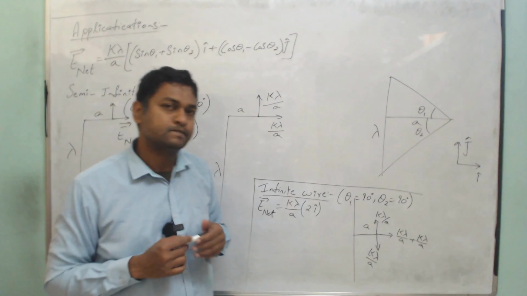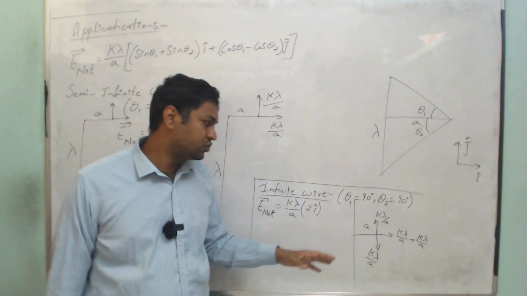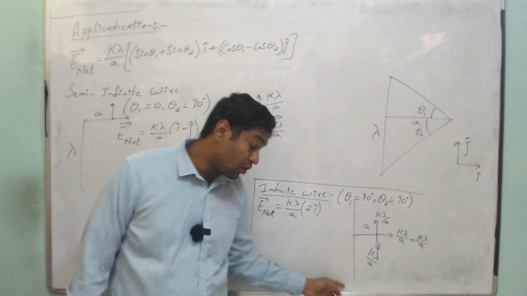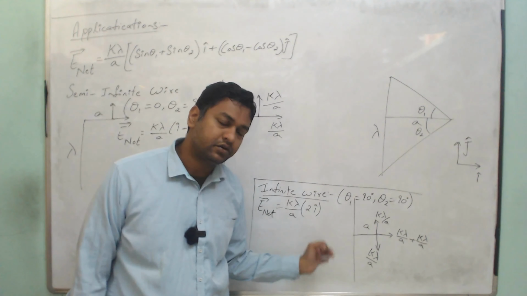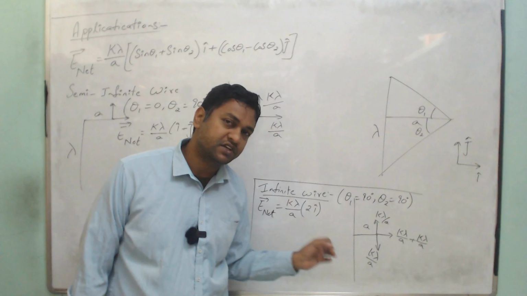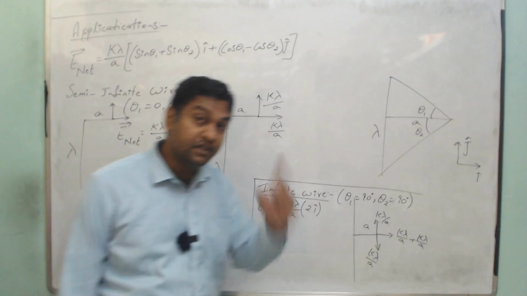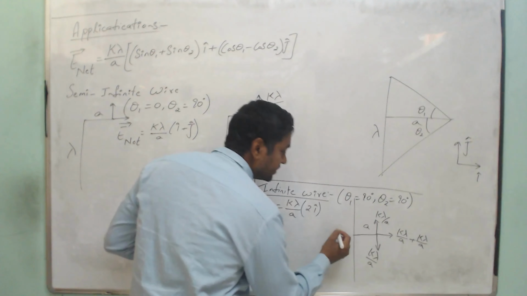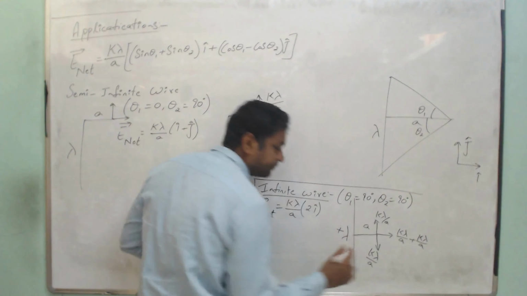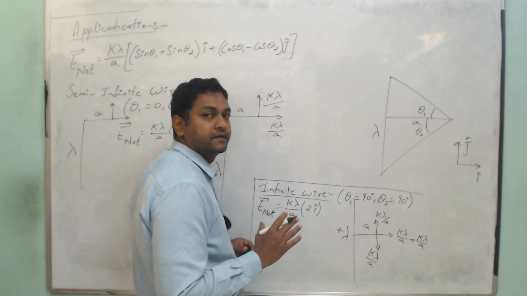Due to the bottom half of the wire, I will have K lambda by A upwards and K lambda by A towards the right, if the charge per unit length is plus lambda. Is this clear?